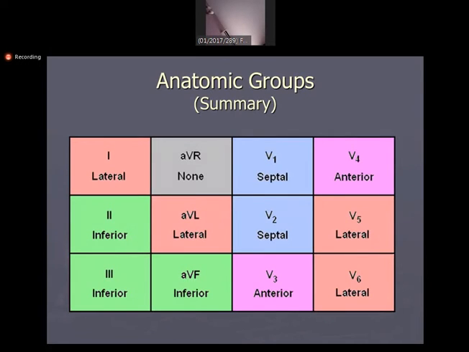V5 and V6, lateral part of the heart. Lead 1 and aVL, if you remember, lead 1 starts electrical activity from the right hand of the heart and goes towards the left hand. It means that you see a lateral part.